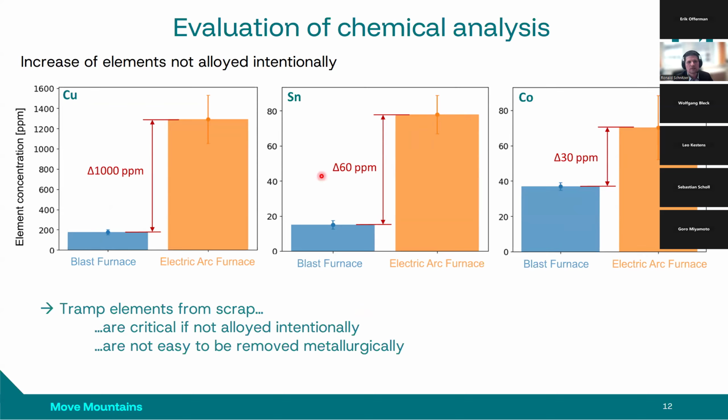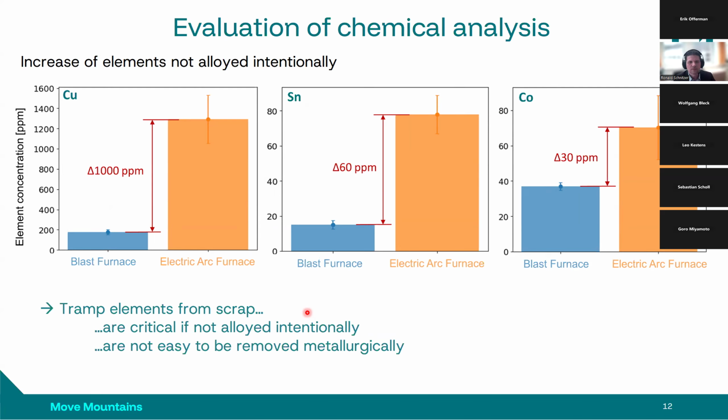And these elements might be critical if they are not, as already mentioned, intentionally alloyed, and if they are not easy to be removed from a metallurgical process point of view. I do have to point out that I'm not the expert on metallurgical processes, and this talk will also not focus on how to avoid or reduce the amount of tramp elements during production.